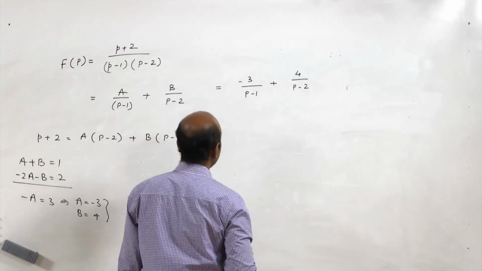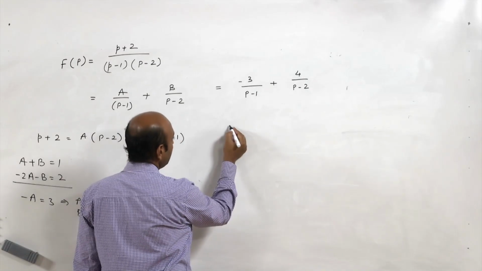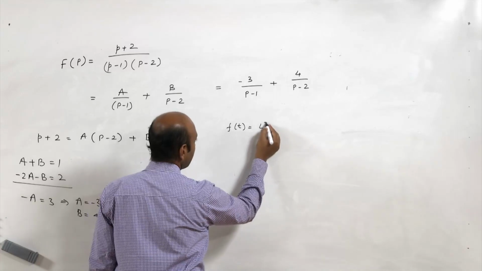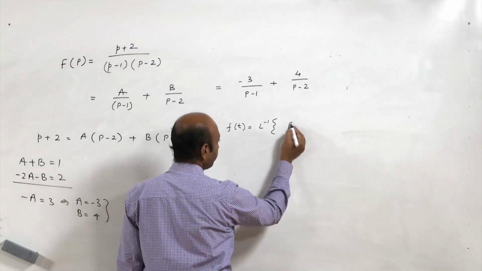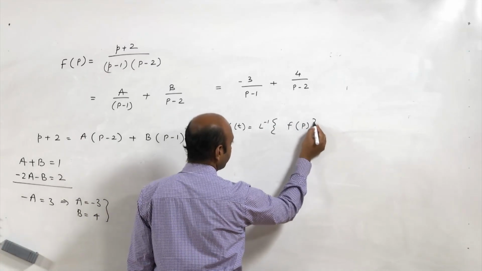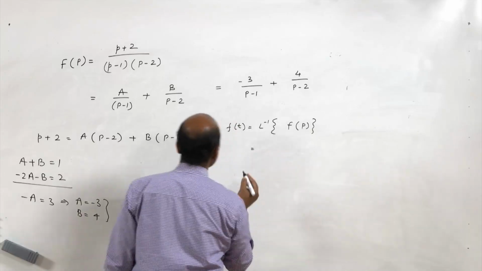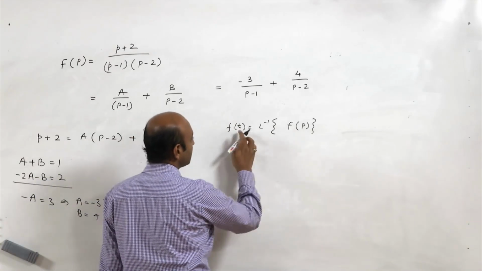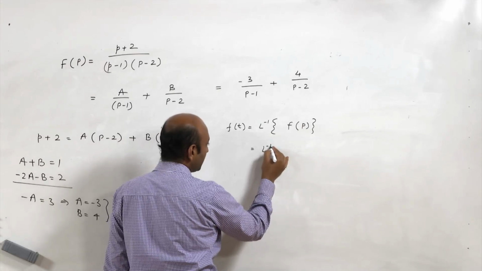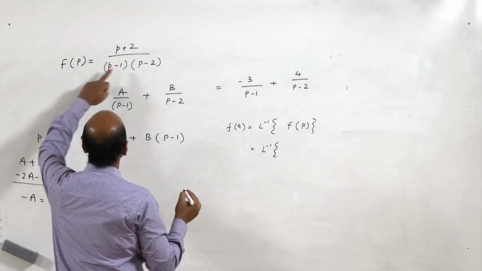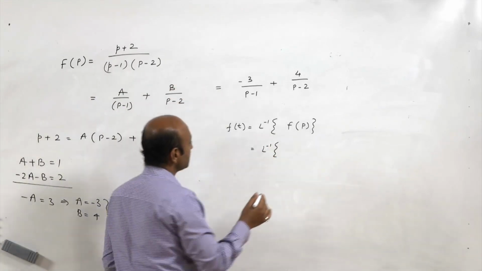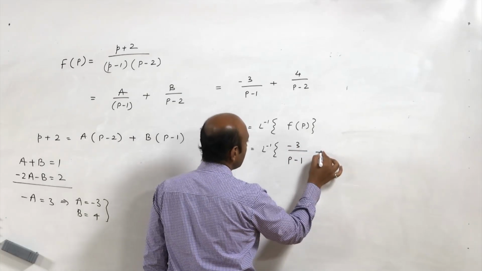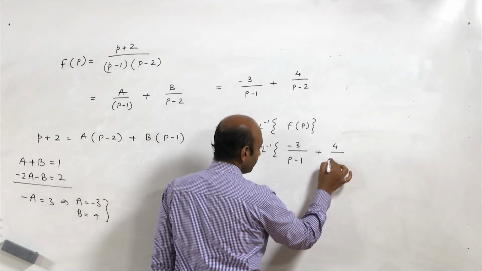So this is F(p). What will be f(t)? f(t) will be Laplace inverse of F(p). So Laplace inverse of F(p), which is equal to this, is nothing but minus 3 upon (p minus 1) plus 4 upon (p minus 2).